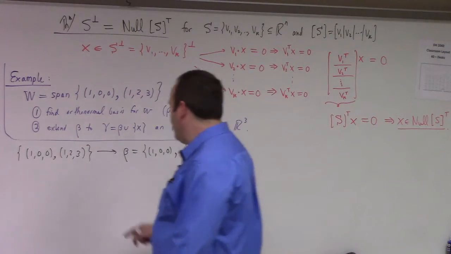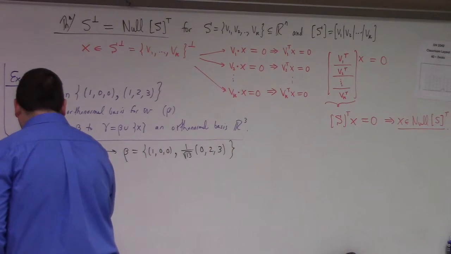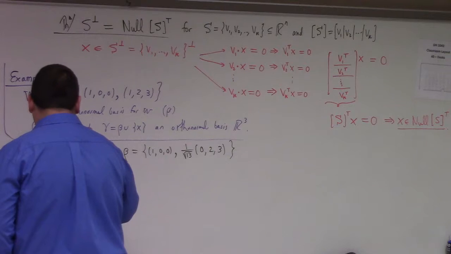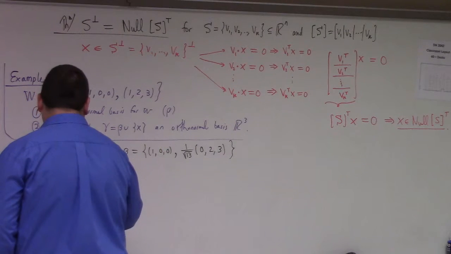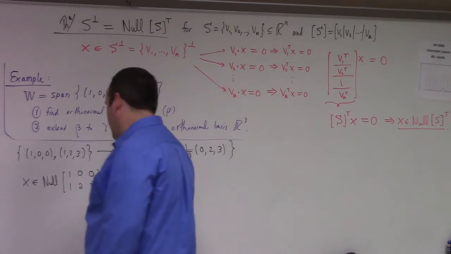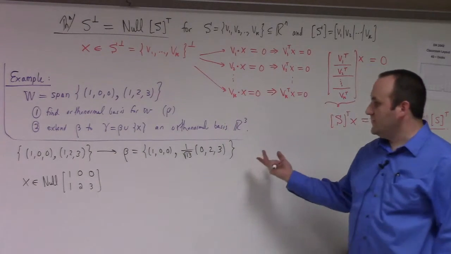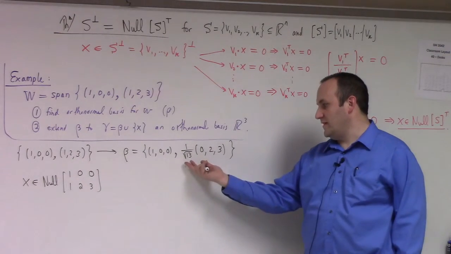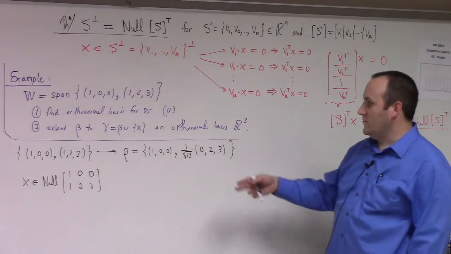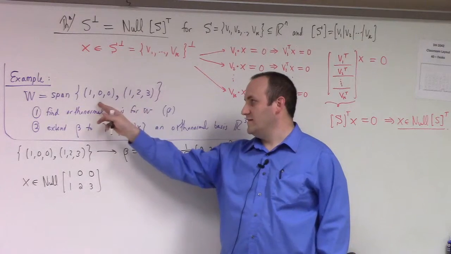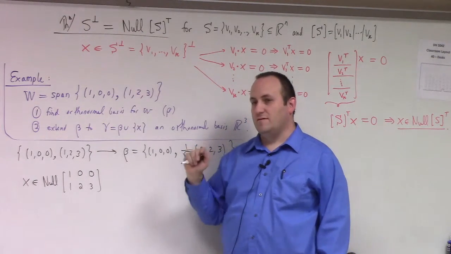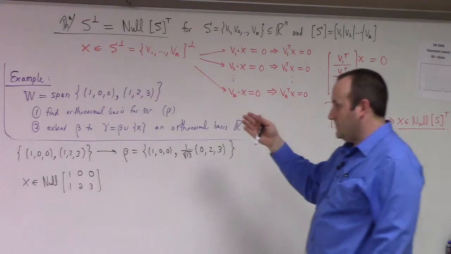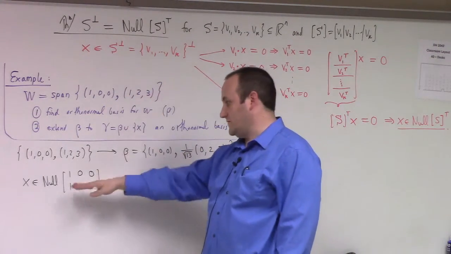Now to find x, well, x will be an element of the null space of the matrix with rows (1, 0, 0) and (1, 2, 3). I could use these vectors, but that would be stupid because that's got a square root of 13, which I don't like. So I already know that these two vectors are a basis for W. And so anything that's in W perp should be in the null space of these transposed, which is that.